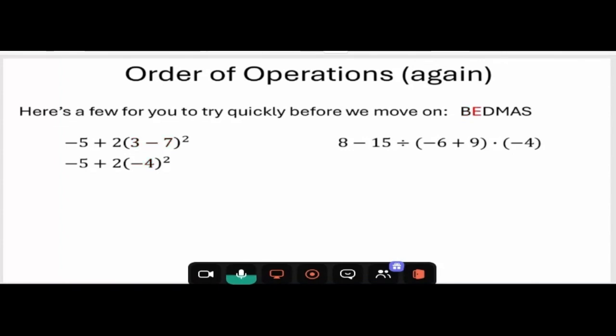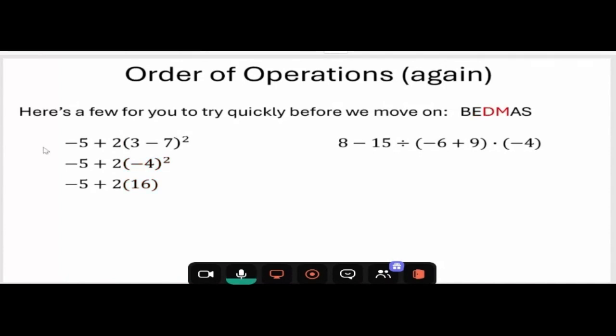And now, do we have exponents? Yes, we do. Negative 4 squared. Remember, a negative times a negative. So negative 4 squared means negative 4 times negative 4, which is positive 16, because it's a negative times a negative.